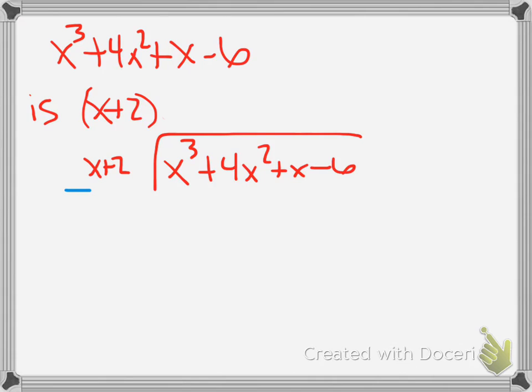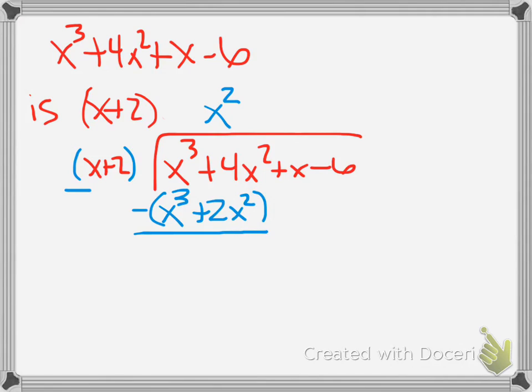And again, we're asking ourselves, how many times will x go into x cubed? So we start with x squared. And again, we have to distribute it. So x cubed minus x cubed, those cancel out. 4x squared minus 2x squared is 2x squared.